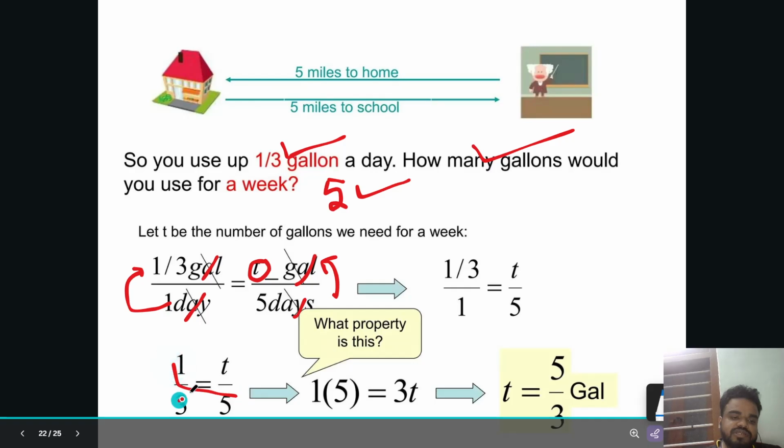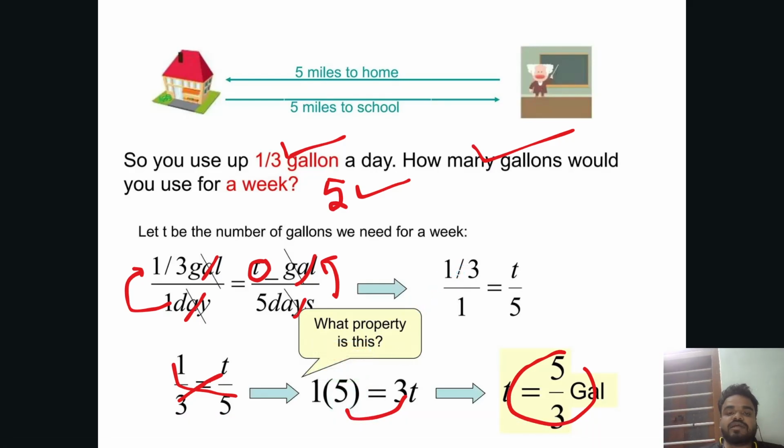Multiply this with this and this with this, that means numerator into denominator using the cross product property. So 1 into 5 is equal to 3 into t. So t is equal to 5 by 3 gallon. Got it? The 3 moves to the other side and comes down. So for 5 days, you need 5 by 3 gallon per week.